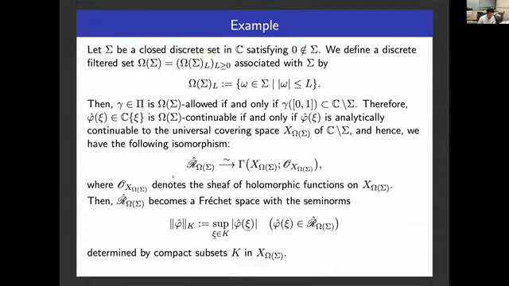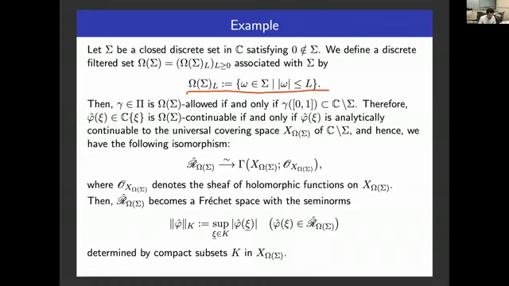So the next example is a prototype of our following discussion. Let sigma be a closed discrete set in the complex plane, satisfying that 0 is not contained in sigma. And we define the discrete filtered set omega sigma associated with this set sigma by this formula.